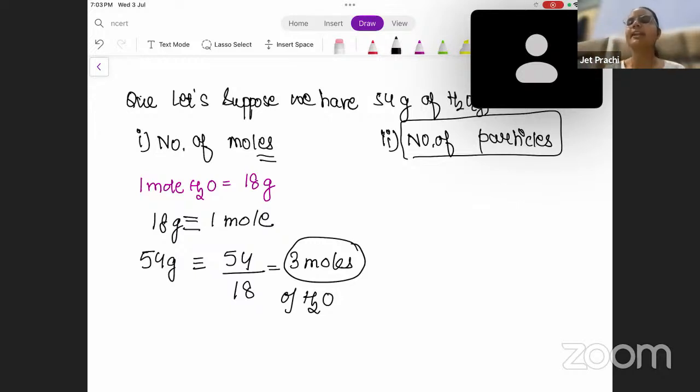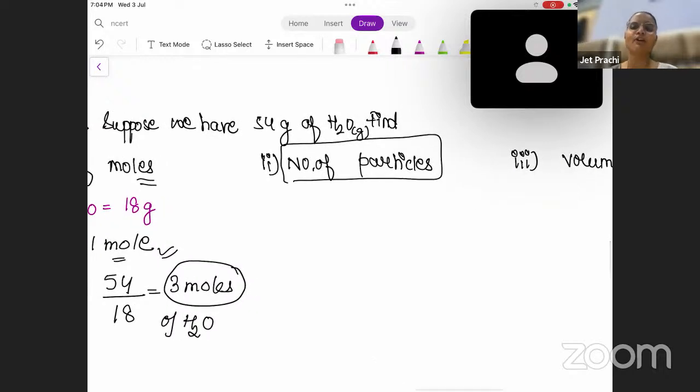Whatever quantity you have to find out, you have to keep it on the right side, right? So 18 grams is equivalent to 1 mole. So 54 grams will be equal to how many moles? 54 divided by 18, and in that case, I'll get 3 moles of H2O. Now, can you find out the number of particles?